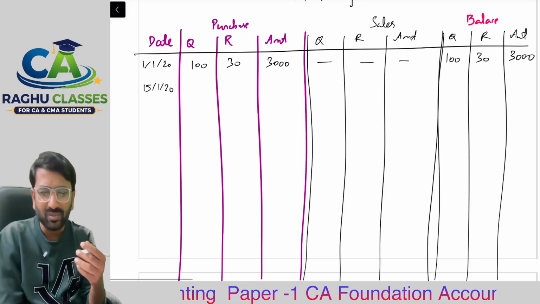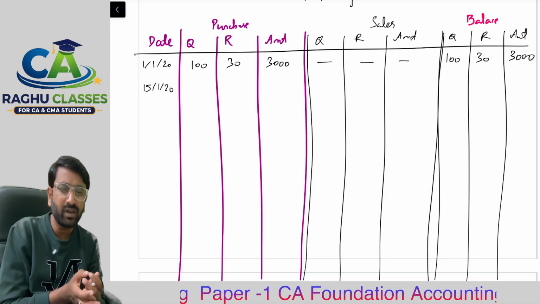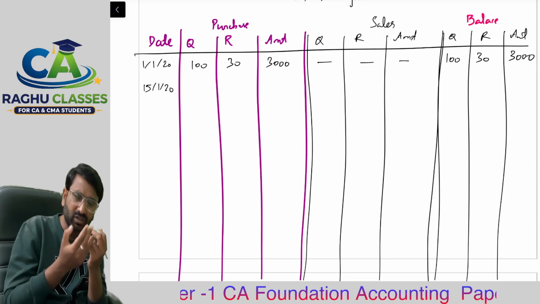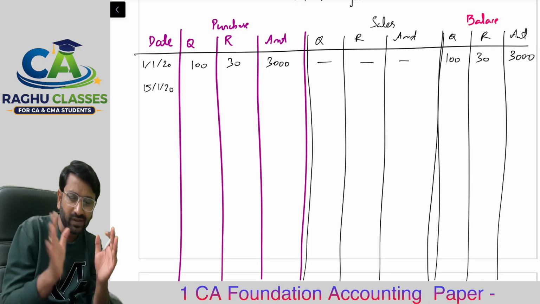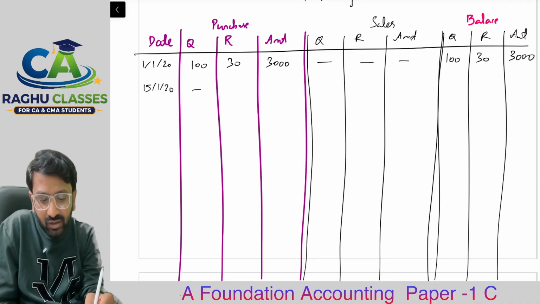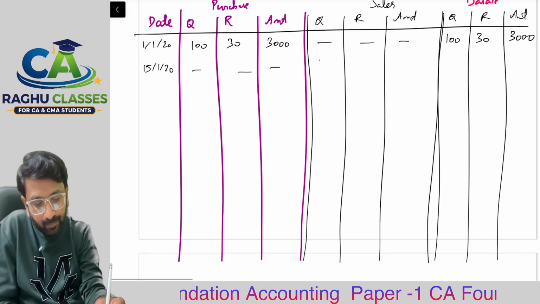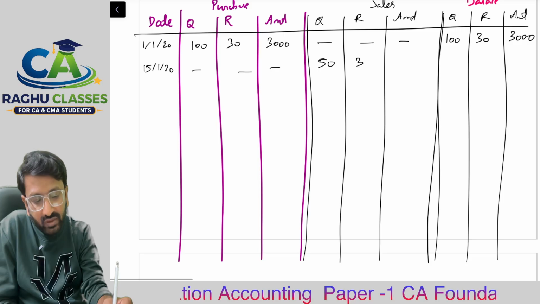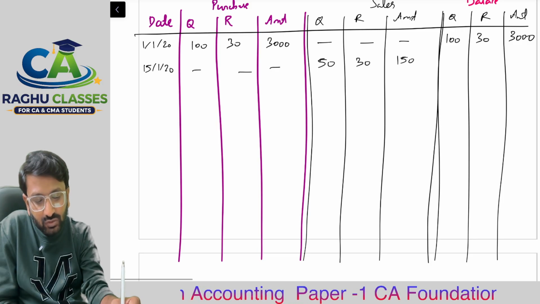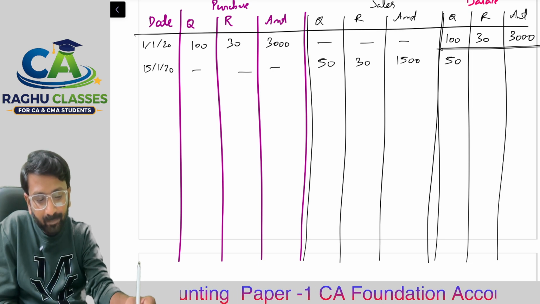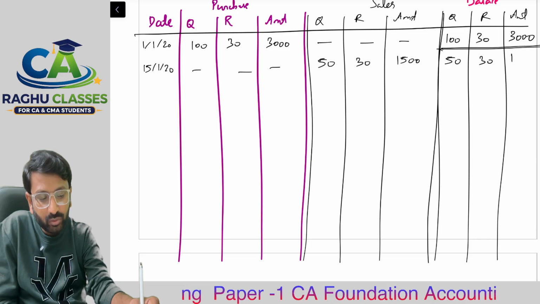Treat that issue like sales. Issue is nothing but, in a manufacturing company, issuing from the stores department to the production department. For the time being, whenever there is an issue, treat it like sales. Out of 100 units, how many units are issued? Can we say 50 units? The rate of one unit is 30, so 1500 is consumed. So the balance left is another 50, whose cost is 30 per unit, 1500.